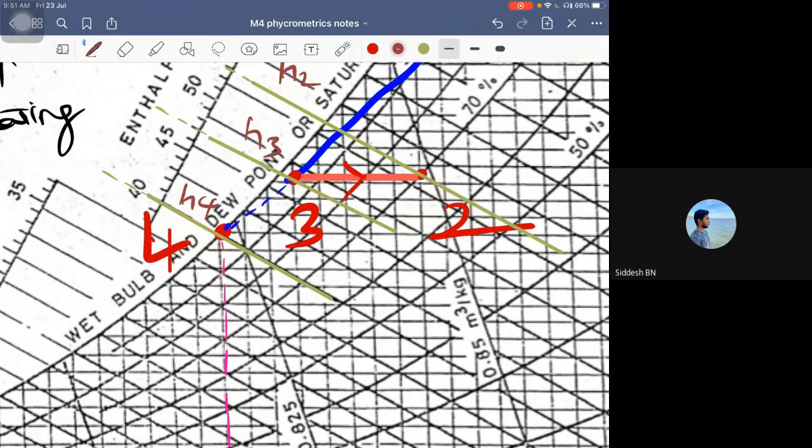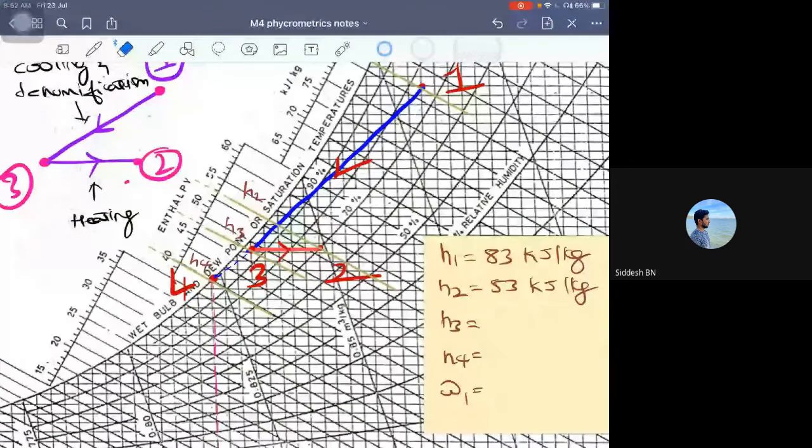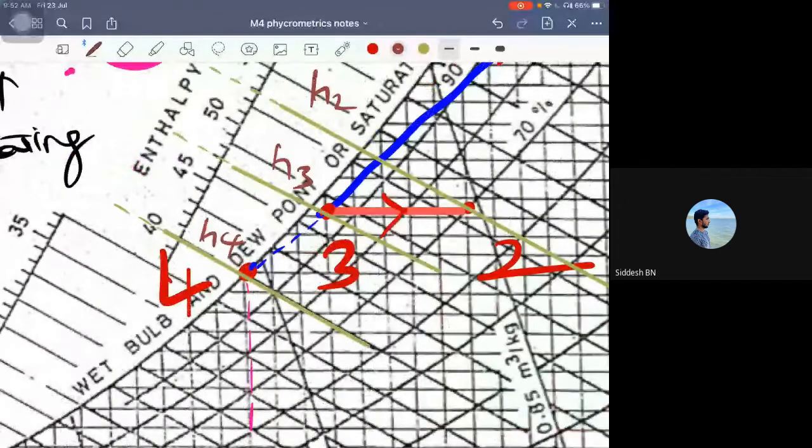Okay, 47. So just write the value, 47 kilojoules per kg, right? Very good. Next, H4 value. I think it is very much clear. H4 value.